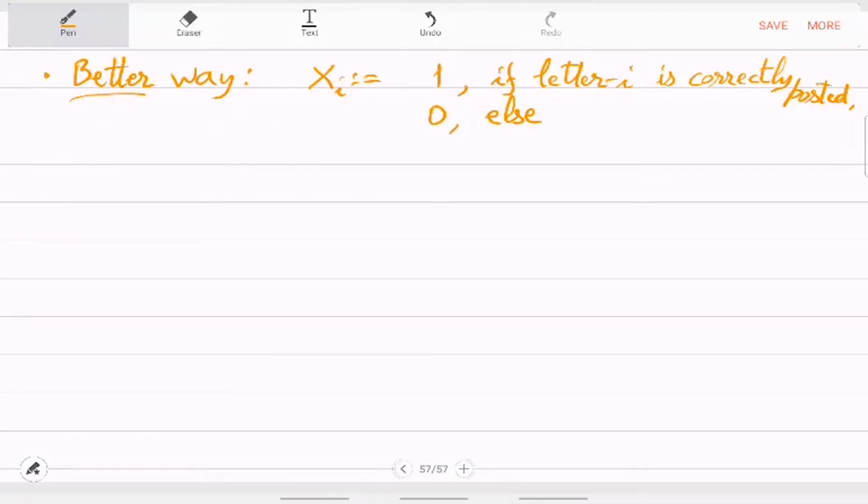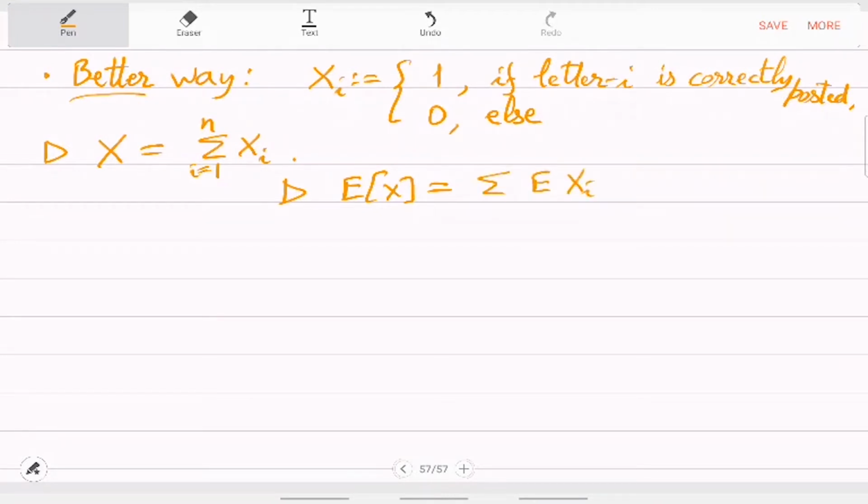Now, if you go over all the letters, then the sum of these Xi's is your variable of interest. Right, which means that expectation of X is expectation of the sum, which by linearity of expectation is the sum of expectation of Xi.